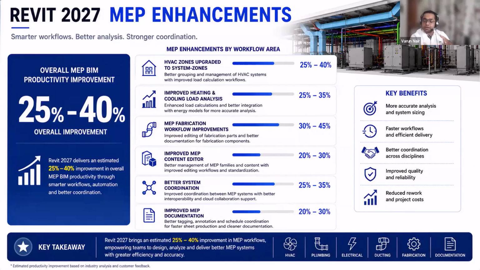The documentation part is now seamless, where you can use the AI tools to create more advanced designs, or advanced schedules as well as reports that you can generate from the software. These are a few of the updates that have been made to the MEP department in the Revit 2027 software.